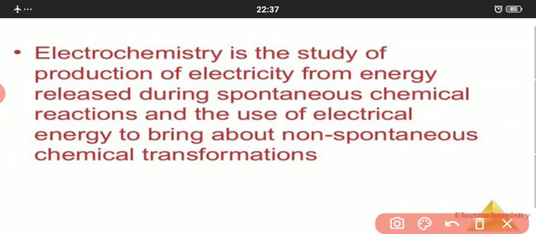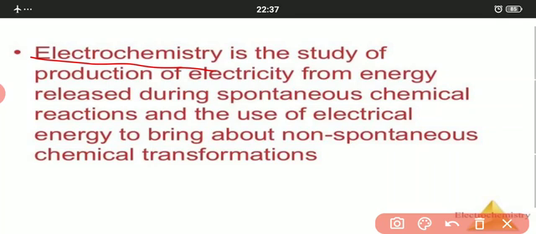In other words, we can say electrochemistry is the branch of science which deals with electrochemical reaction. So what is electrochemical reaction?